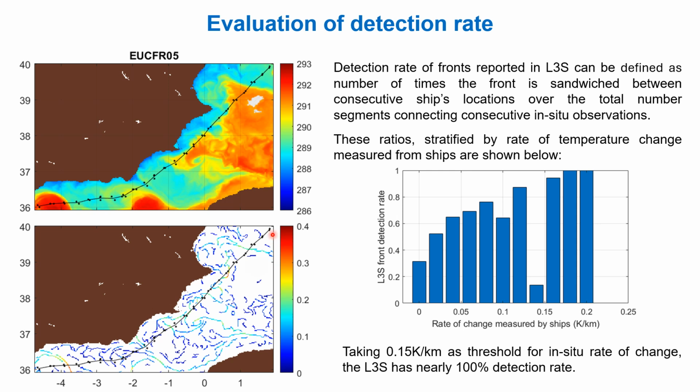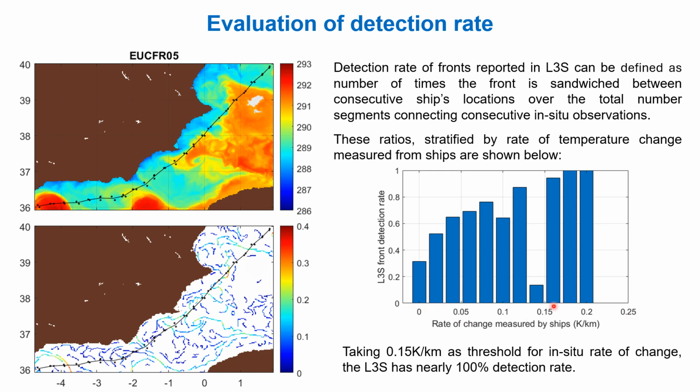We also will be recording the distance between the consecutive ship's locations and the rate of change determined by the ships as the absolute value of the difference between the SST measurements within this line segment divided by the distance between the consecutive locations. So all of that will allow us to stratify these detected fronts into different categories.